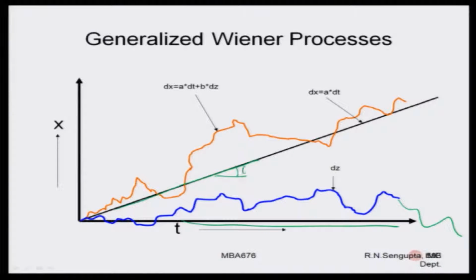If you find out the tan of theta, that would have a functional value related to a. So dx is equal to a dt plus the variability given by this term, where dz I have to express as epsilon into square root of delta t. Utilizing this, you can formulate very simply the generalized Wiener process.